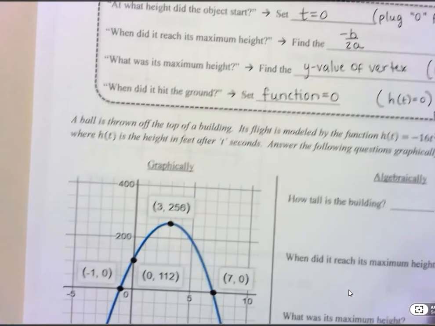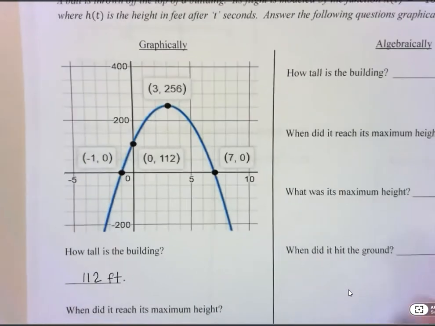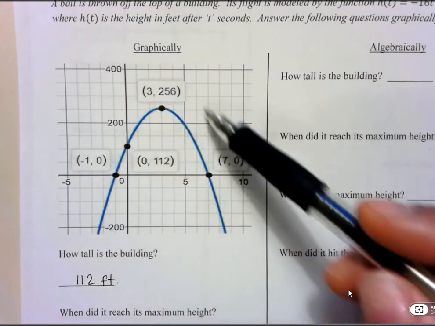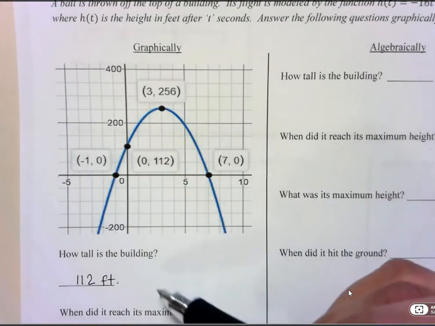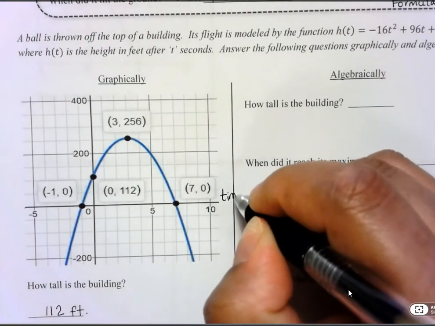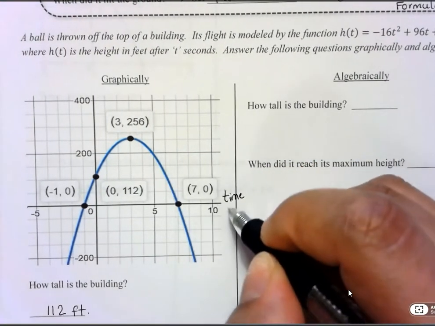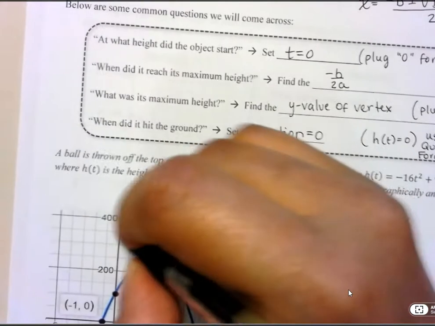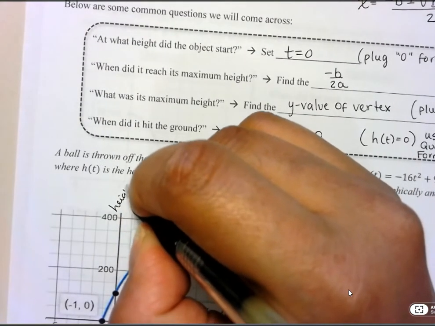So we're going to answer the questions graphically first. Once again, you have your parabolic shape. Your time is going to be the x-axis, so this is t, and this is your height, so it's going to be h of t.